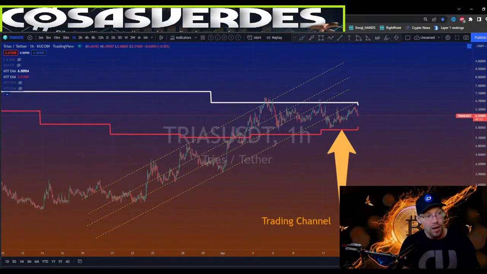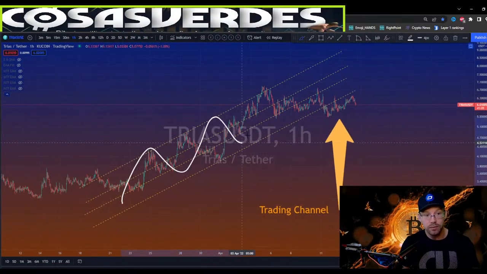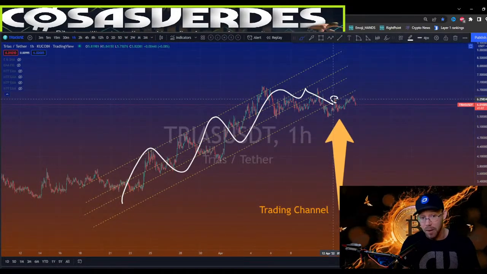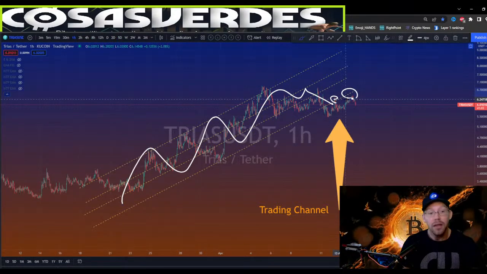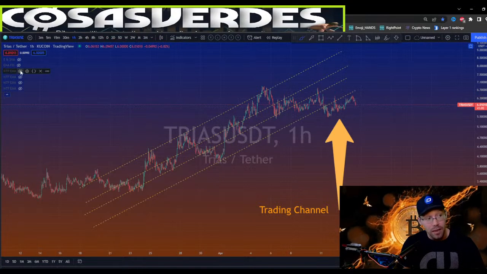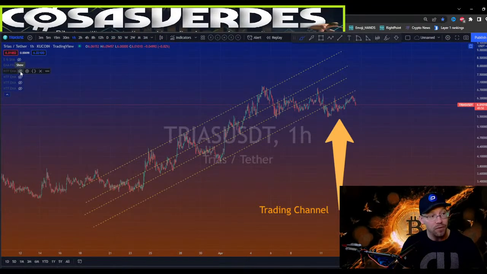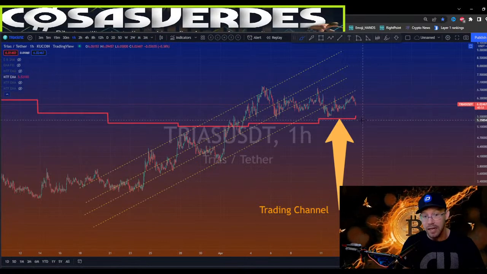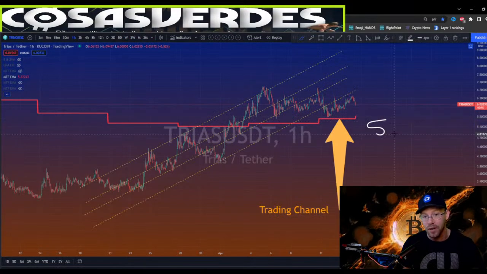Now, however, take off these EMAs, Trias was in a trading channel. It has fallen out of it and used the bottom as resistance once and twice. Therefore, I would not begin being interested in trying to do a buyback for Trias until it hits the bottom here, the red line, which is the weekly 10, somewhere around $5.50.